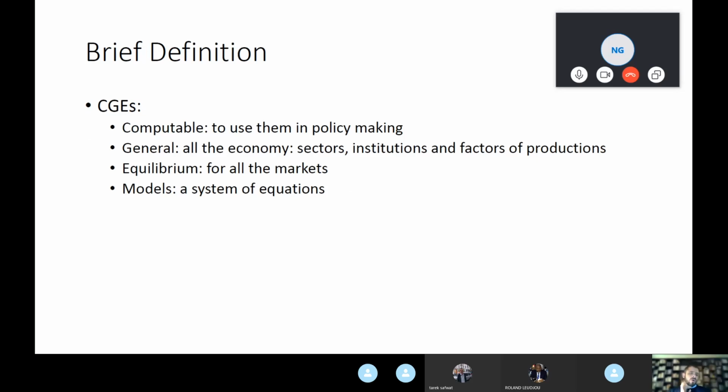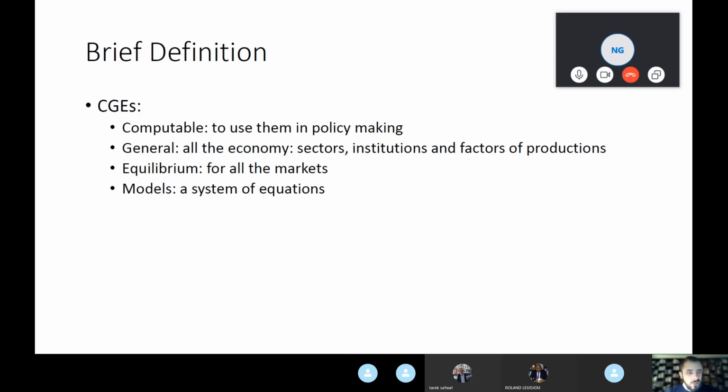So as you might know, CGE models stand for Computable General Equilibrium models. Computable because they can be calculated and we can use data in order to assign numbers to the variables or the equations that we have. So this is why we call them computable.